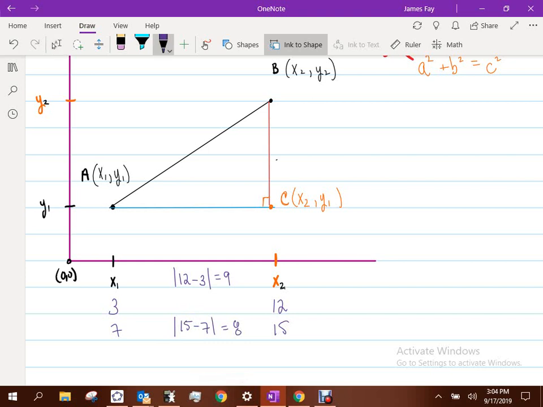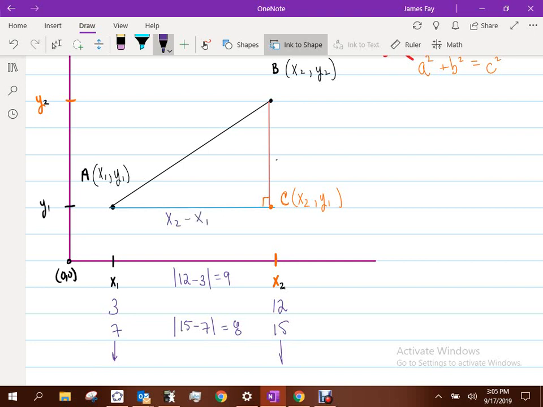Okay. Well, when it's x2 and x1, it's standing in for all of these real numbers that I could choose, like 3, 7, 12, 15, anything you want to think about. That's what the x2 and x1 stand in for. So instead of doing the subtraction with the real numbers, let's do the subtraction with the x2.